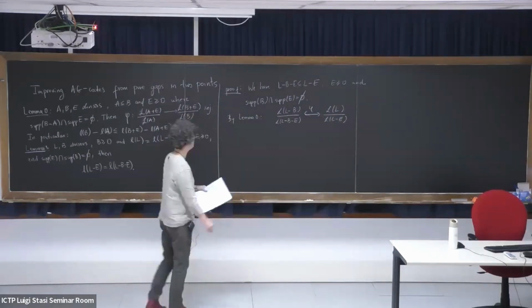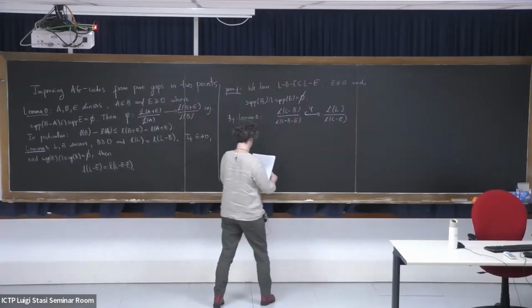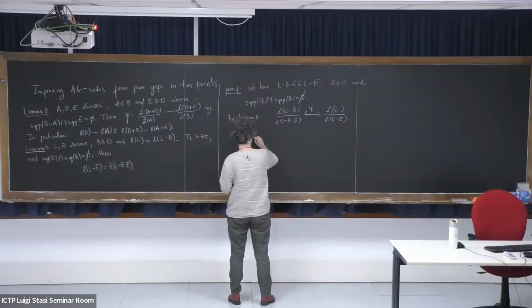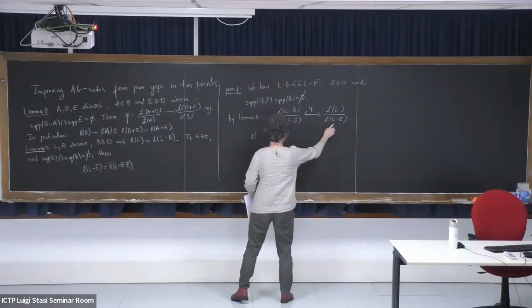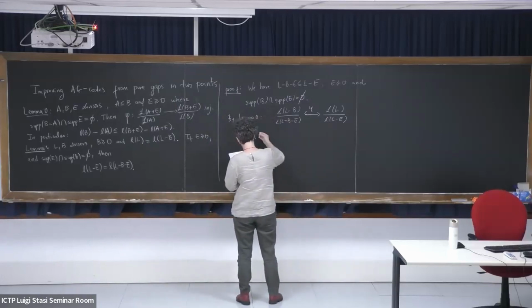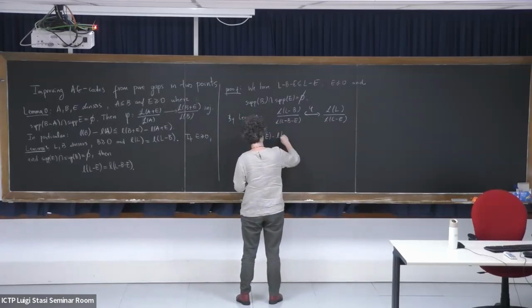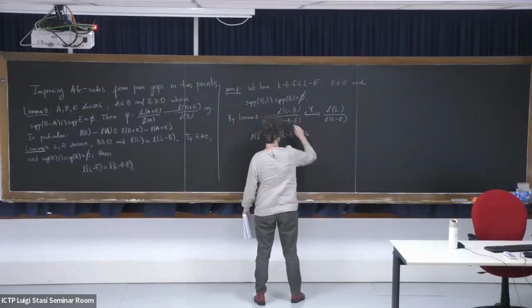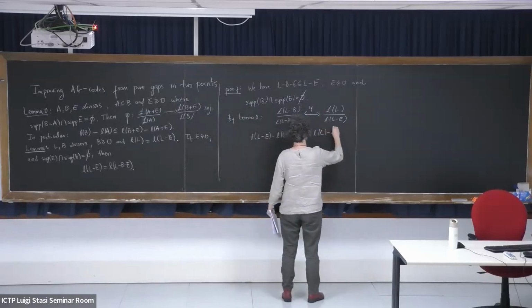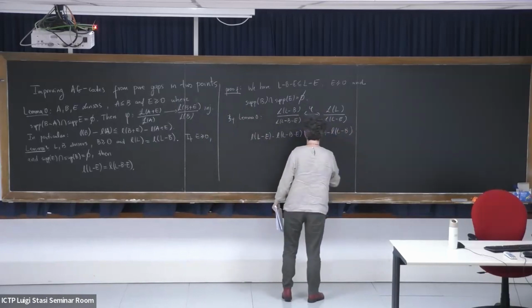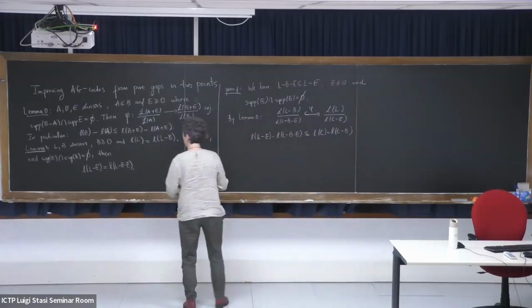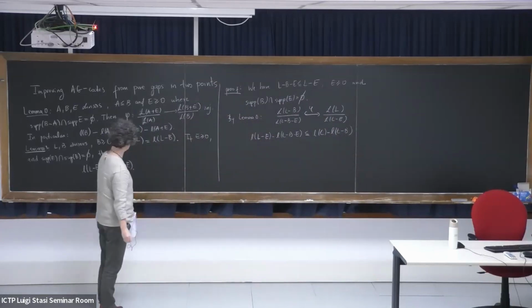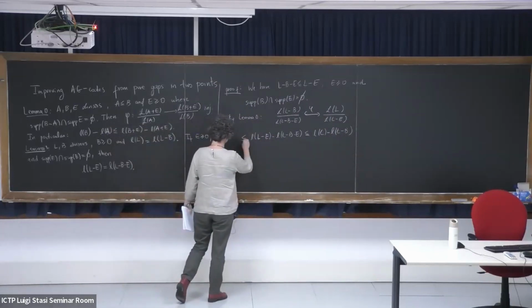So this is injective, and so we conclude that the dimension of this minus this is smaller than if I do this minus this, and this is larger than 0.